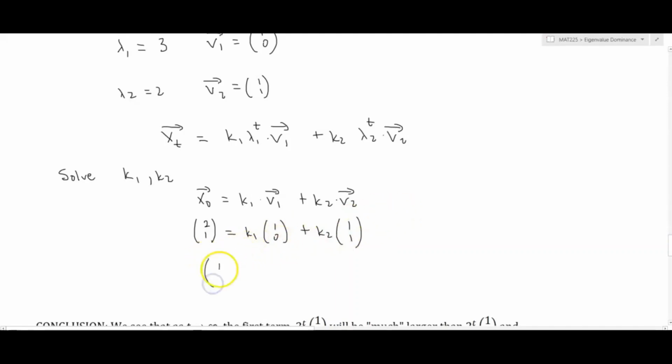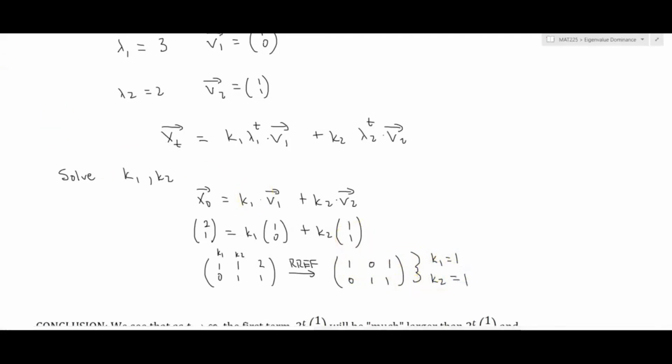So if I set up my augmented matrix, [1, 1, 2; 0, 1, 1], recall these are my coefficients for k1 and k2, and I perform Gaussian elimination on this, I will end up with [1, 0, 1; 0, 1, 1]. Interpreting that, k1 equals 1 and k2 equals 1.